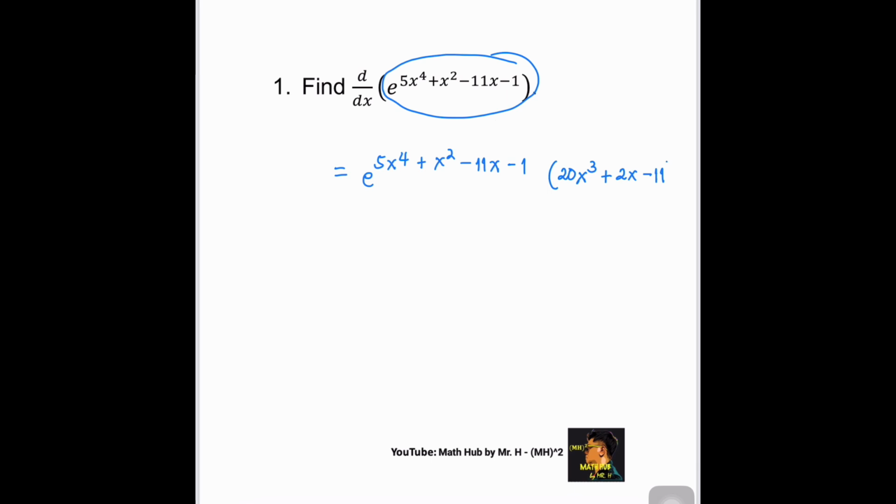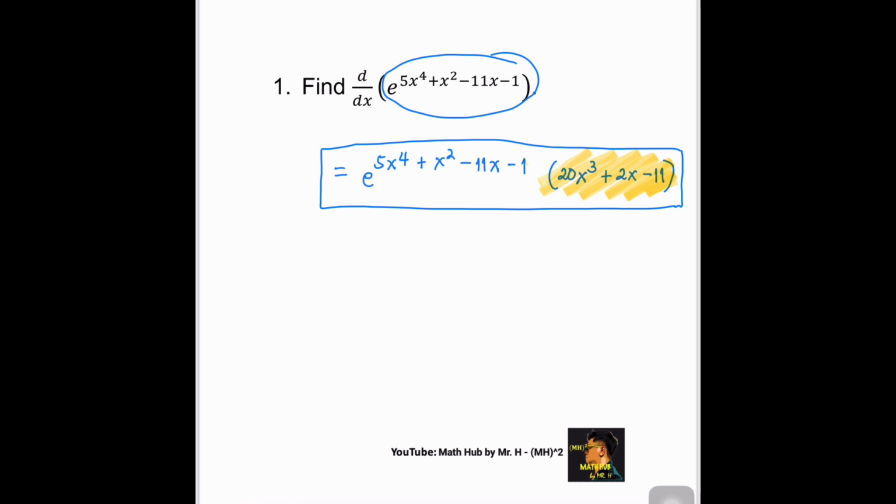So that means this factor stops here. And that is actually the answer. That's the derivative in factored form. So you can also put this factor forward before, that is okay. Technically, this is already done.